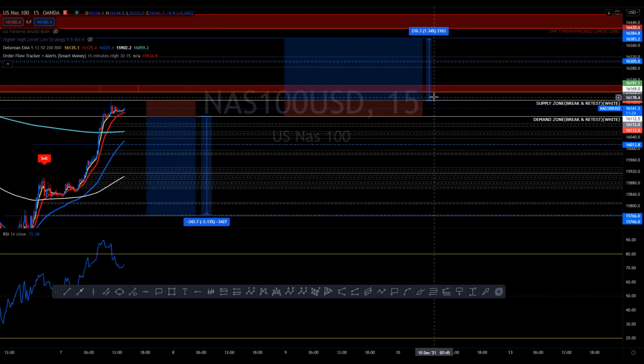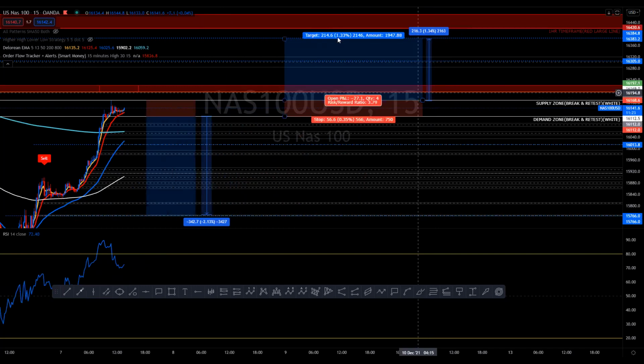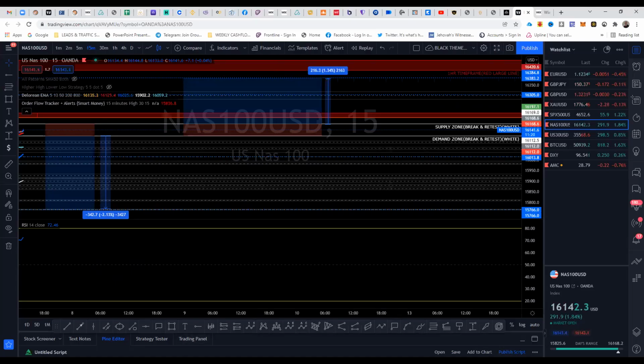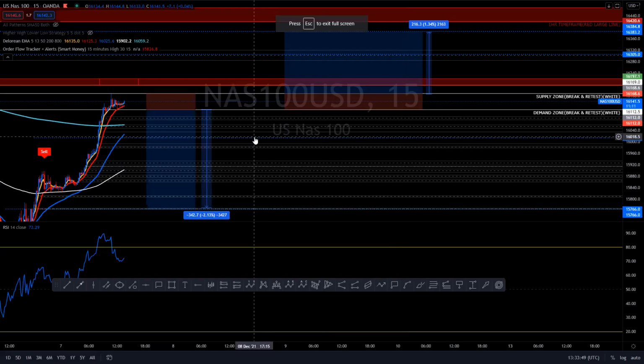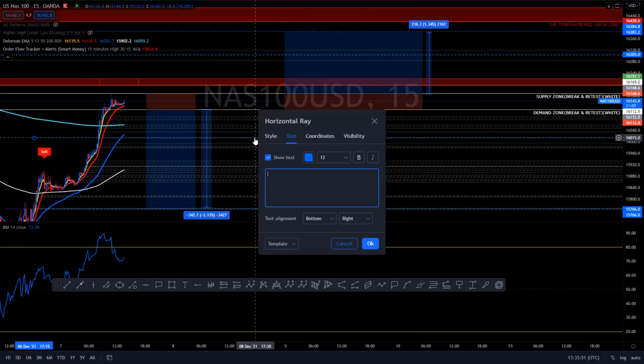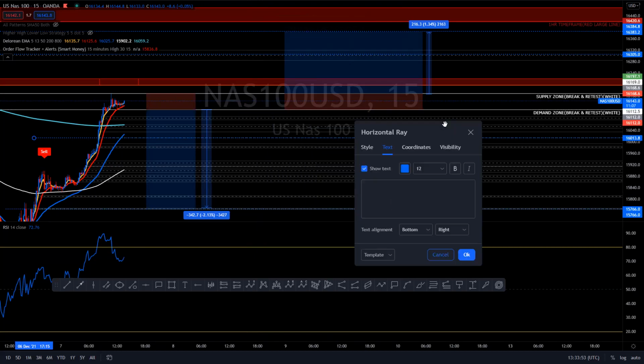So the last step to planning my trades is to set my alerts for my take profit zones. So let me do this here. This is going to be TP1. Let me see.